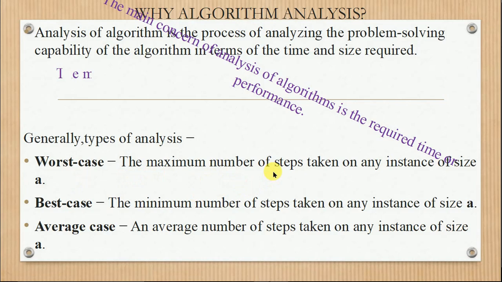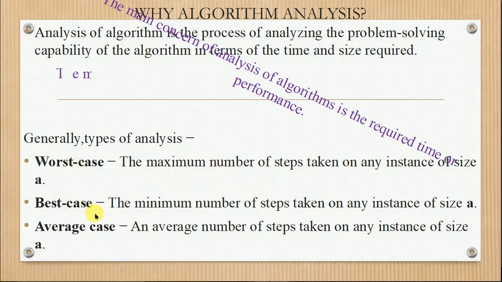So the maximum time is taken at the last element. If the last element matches, the time taken is until I reach the last element, or if it is not matching, I compared the key with all the elements in the list to see whether the key exists or not. There I have taken the maximum number of steps, and then I stop my execution.